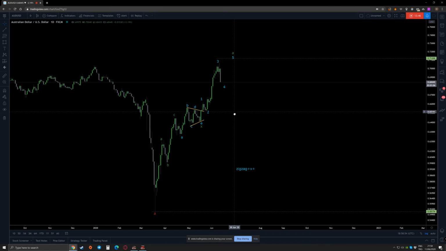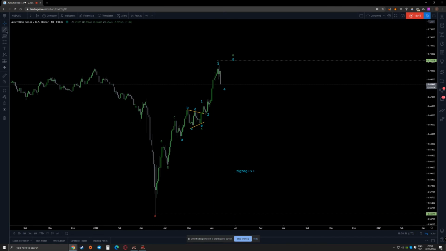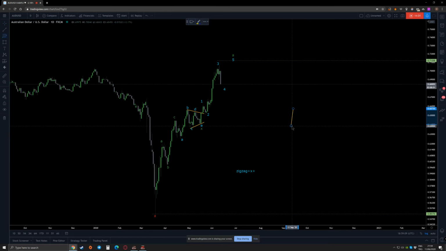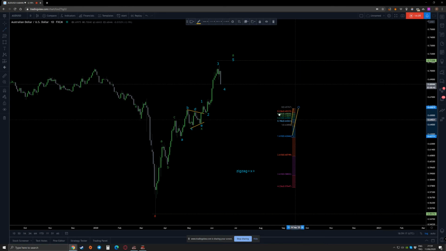Now it doesn't look like it will happen, but let's check if we have this 1618 on this third wave. So we check our fib tool, which is right here. We take it up. We take 618, 1618. I'm sorry, forgot the one there.